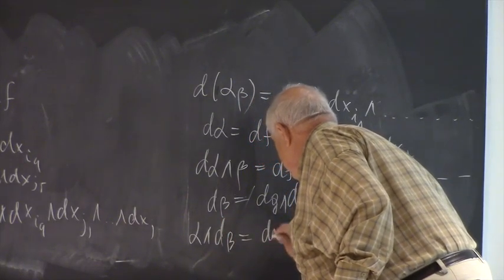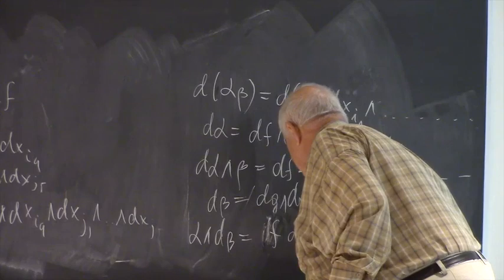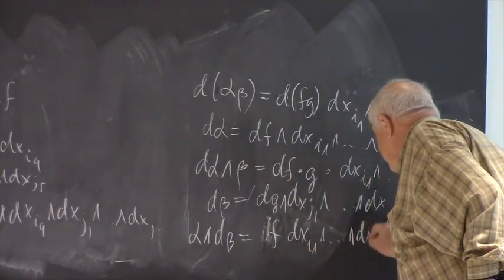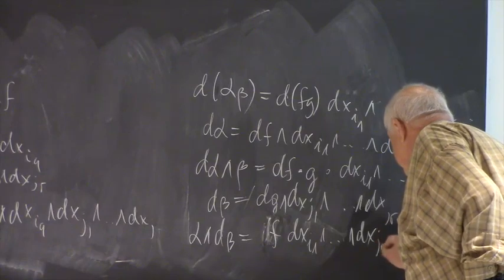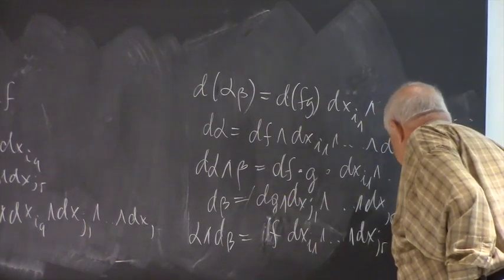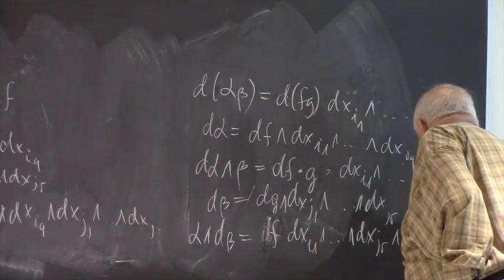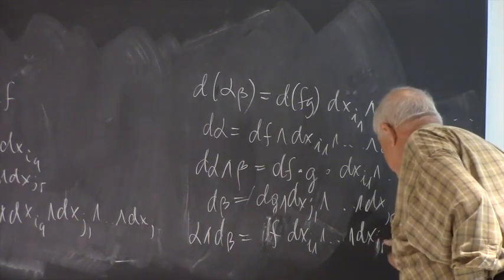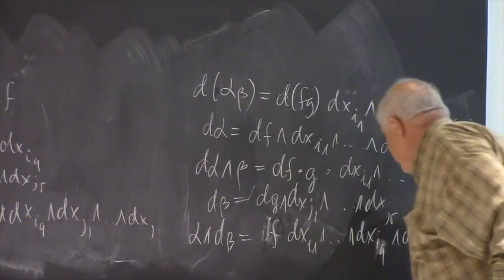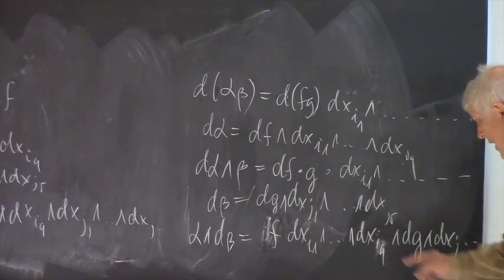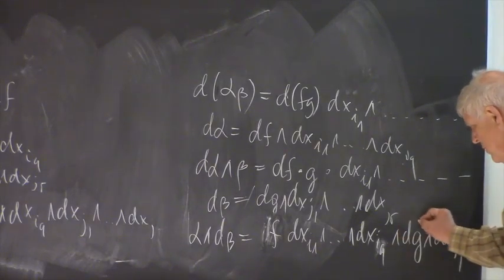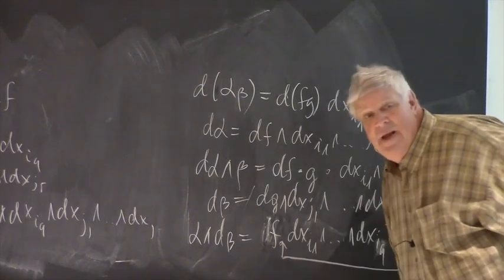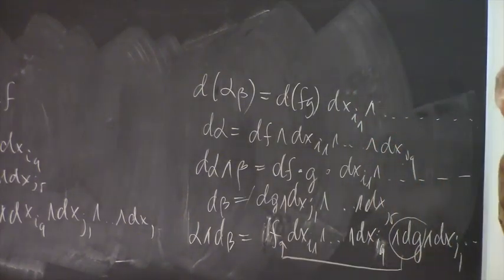Alpha wedge d beta is f dx_{i1} ... dx_{iq}, then wedge d beta, dg dx_{j1} and so on. This expression is okay, but I prefer to take this and bring it here.